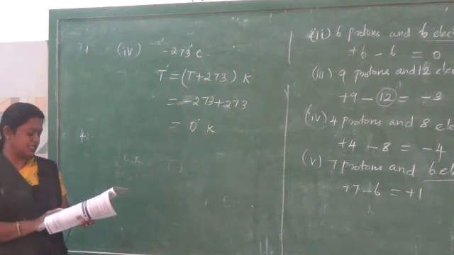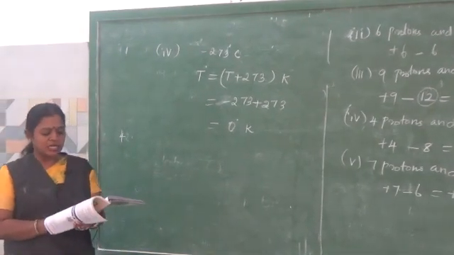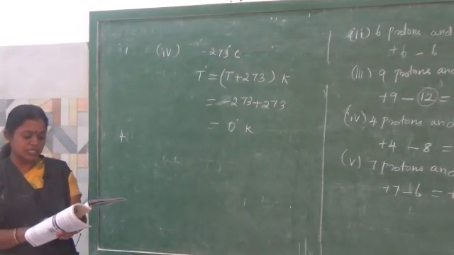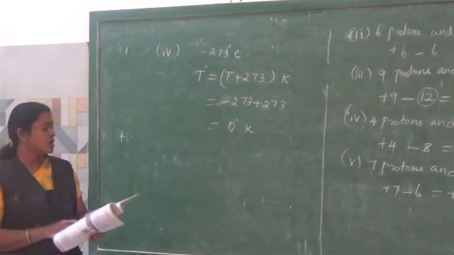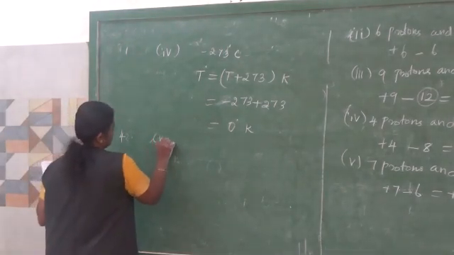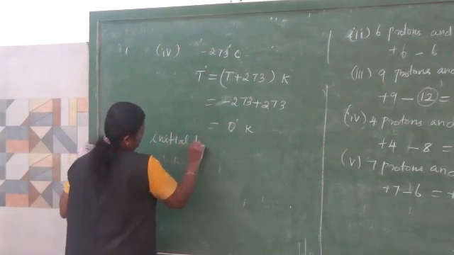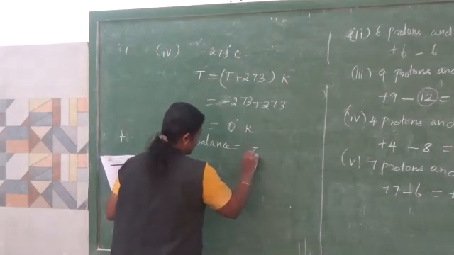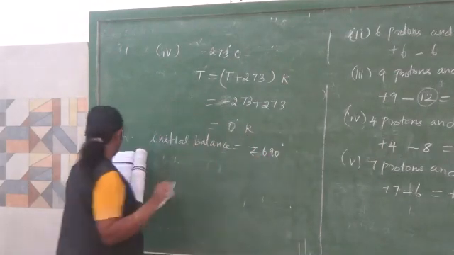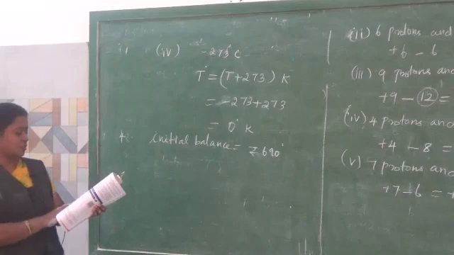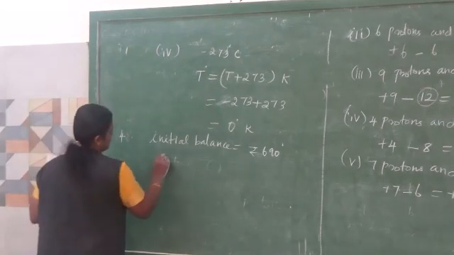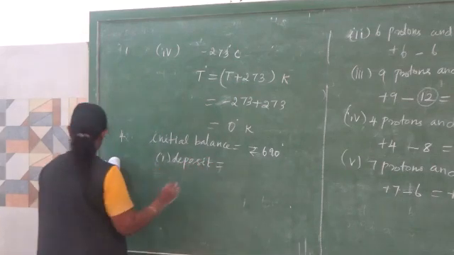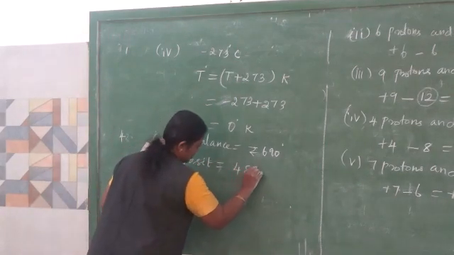Come to the fourth problem. Find the amount that is left in the student's bank account if he has made the following transactions in a month. His initial balance is 690 rupees. What is the initial balance? 690 rupees. And first one, deposit 485 rupees.